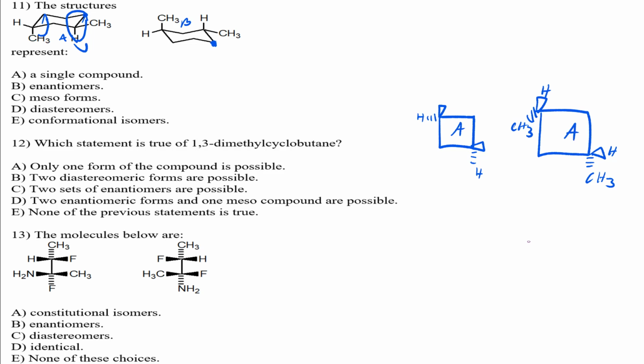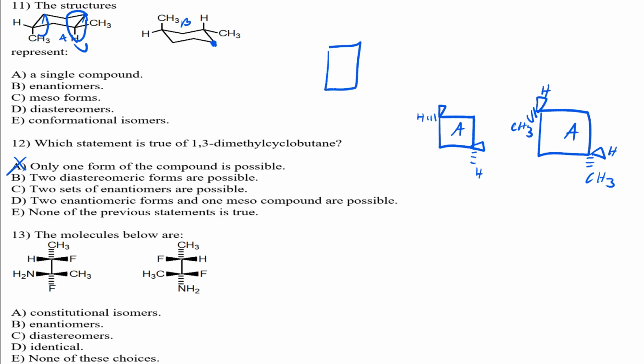This is also side A, right? And notice that that's kind of like a constitutional isomer because I didn't change my position. I'm just switching the places. And so that is a different form of the compound. So answer choice A is incorrect.